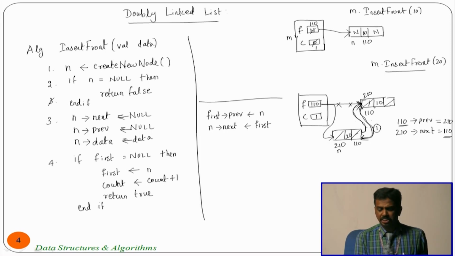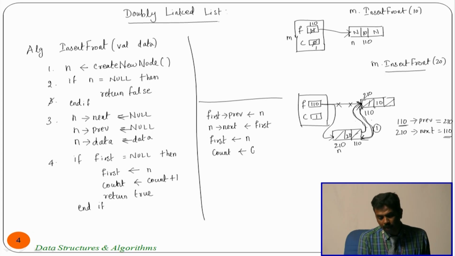Now still the first is pointing to 110, but the newly created node is the first node after calling that function. So I have to update the first field also. First is equal to the newly created node. Then I have to increment the count.